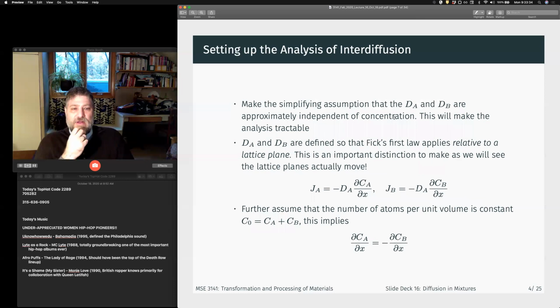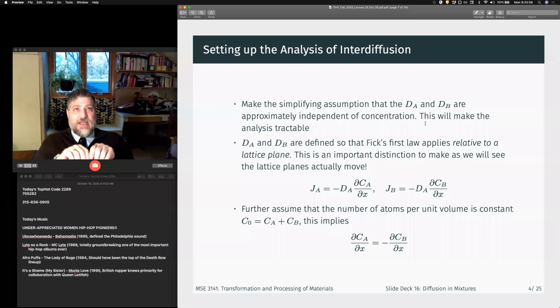Okay, so let's set up our analysis properly, right? So first off, we're going to make the simplifying assumption that for this initial part of our conversation, the diffusivity of A and the diffusivity of B are approximately independent of concentration for some small region, right?